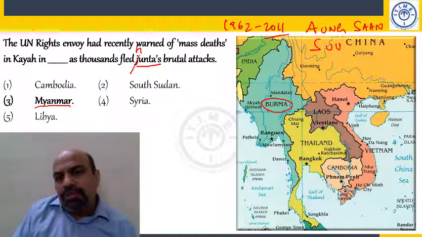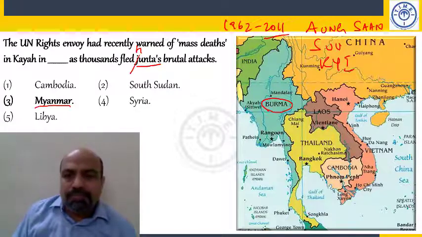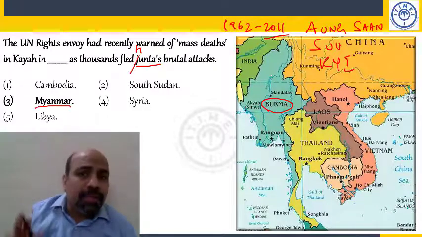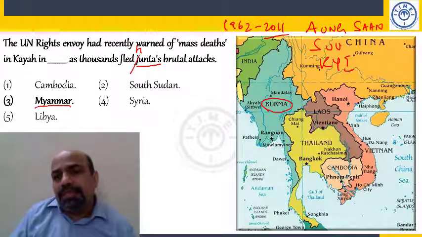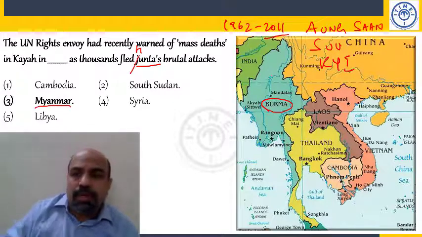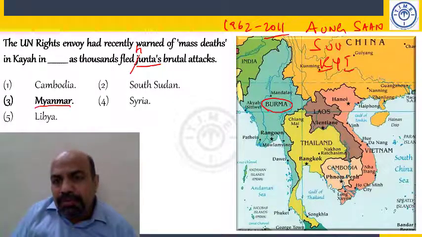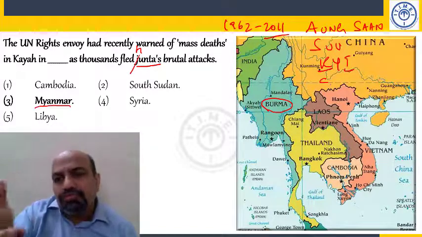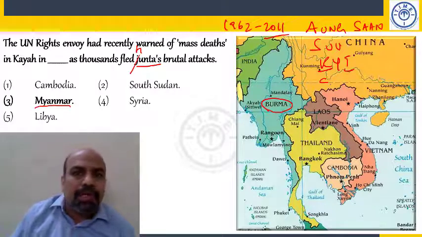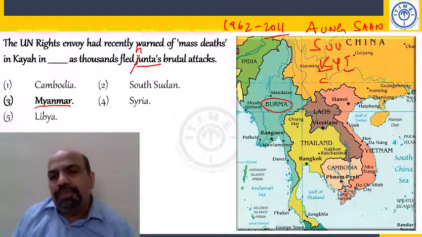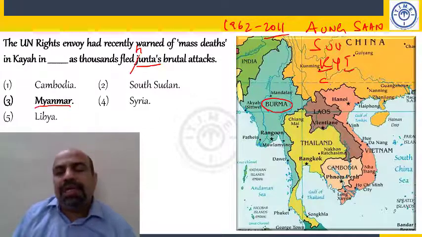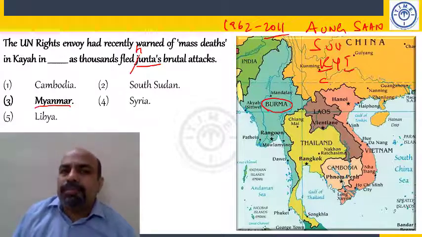The Myanmarese constitution says that only a person who is a legal citizen of Myanmar can become the president of the country. Suu Kyi, this K is pronounced with a C. Suu Kyi is married to a British person, so technically she is not eligible for the president's post. So even though her NLD, National League for Democracy party, had come to power, she could not become the president.